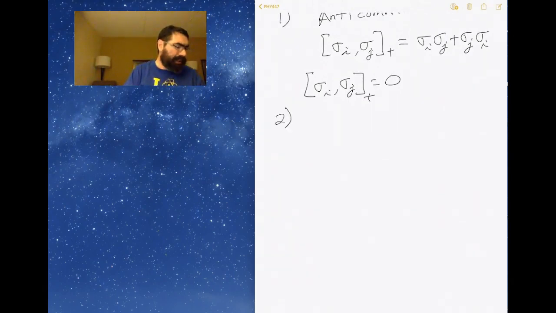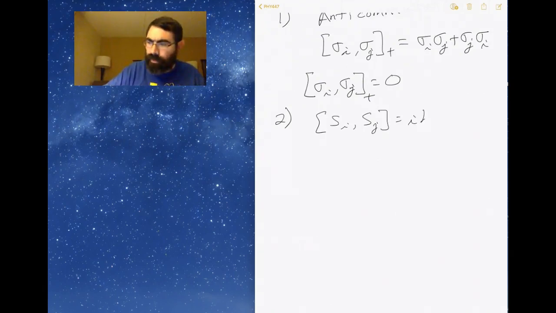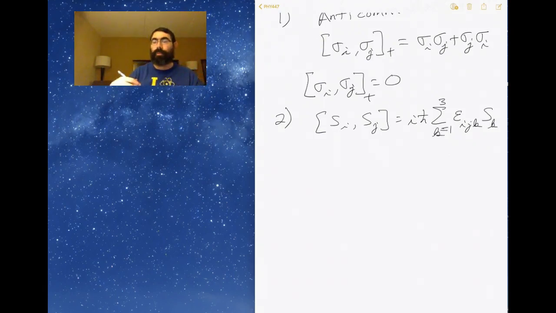Another property is, given we have this commutation relation for the spin matrices, which I said was i h bar times the sum of the Levi-Civita tensor times the spin matrix, where we sum over all three, 1 to 3, or x, y, and z.